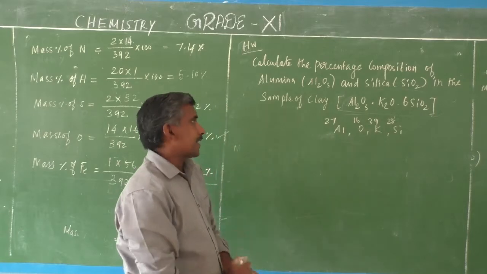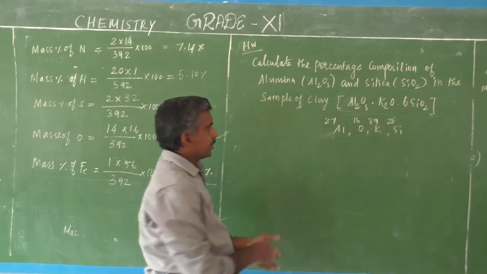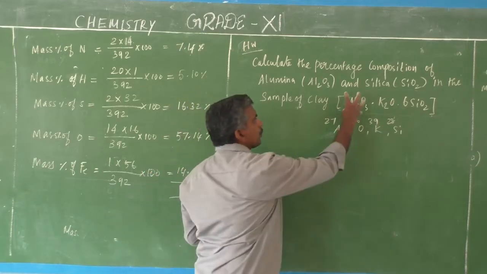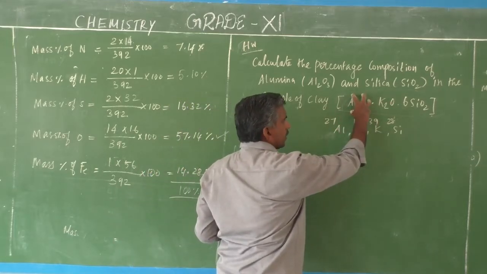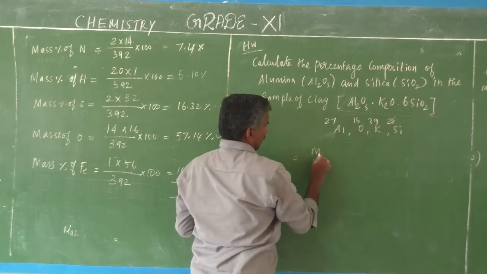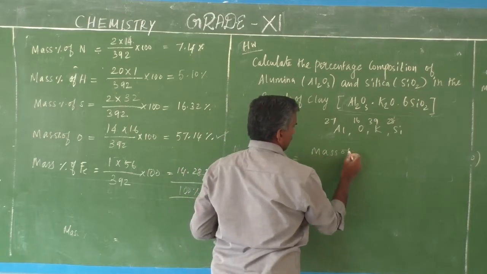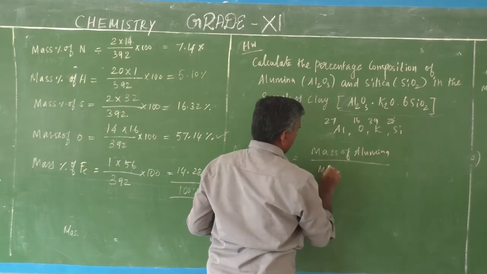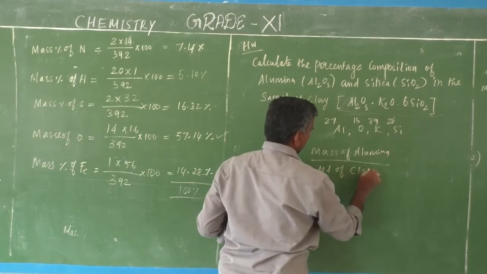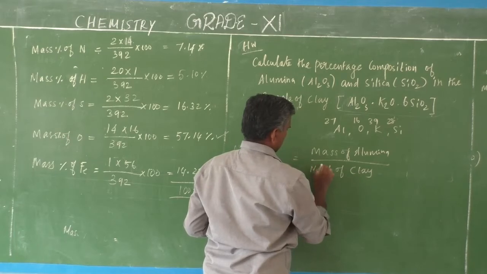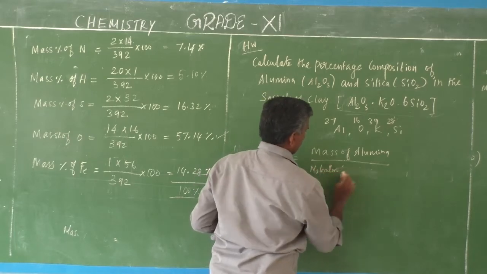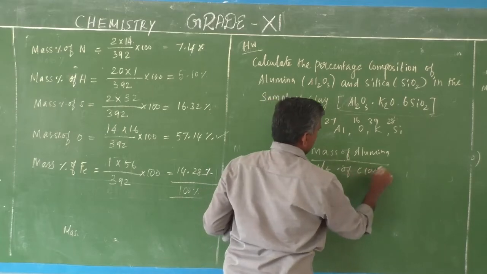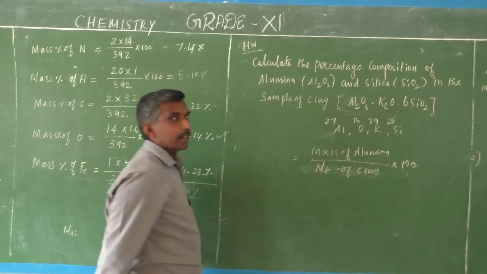Second step, alumina percentage. In this clay, how much percentage of Al2O3 is present? You find the mass of alumina divided by the molecular weight of clay, into 100.